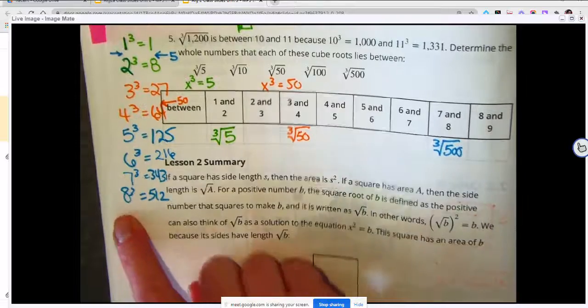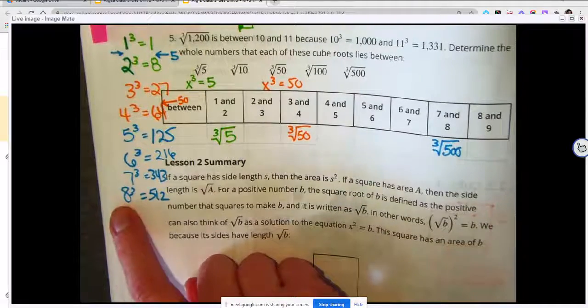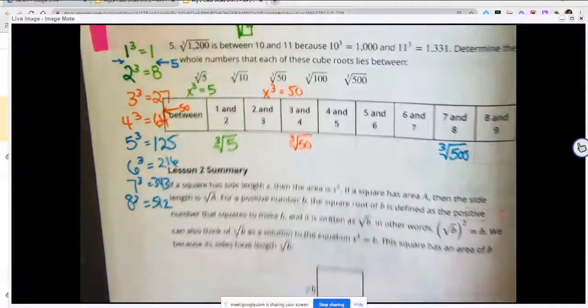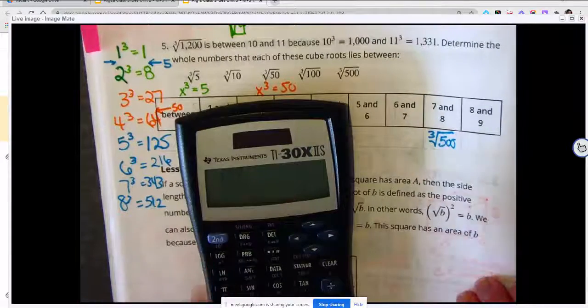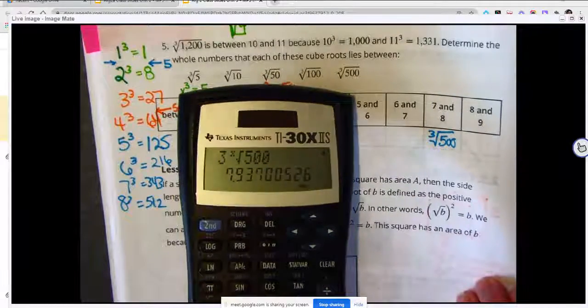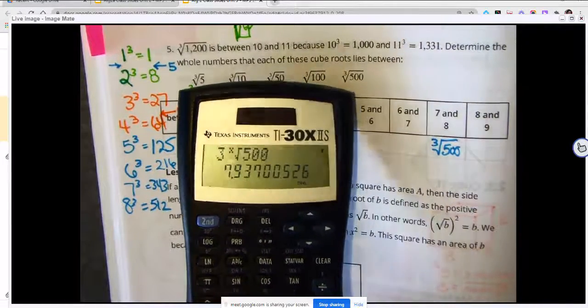So my answer between 7 and 8 would be very much closer to 8. Probably 7.9-ish. Cube root of 500. 7.93. I love that.